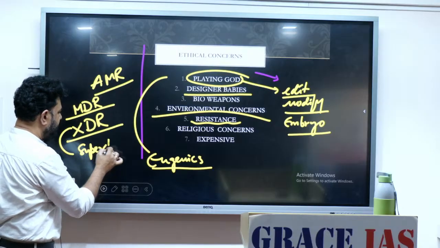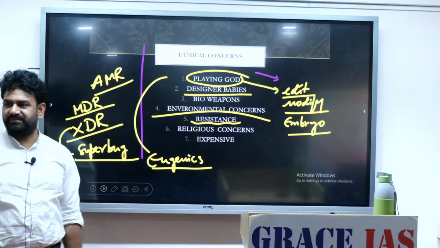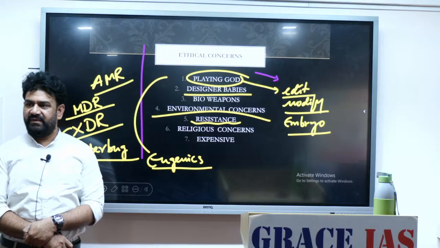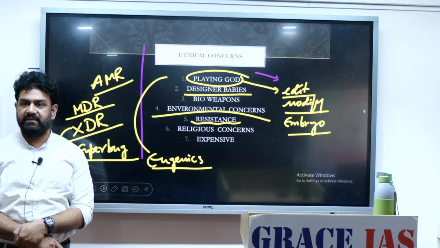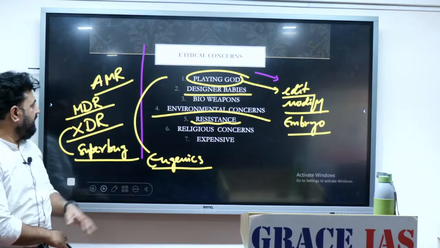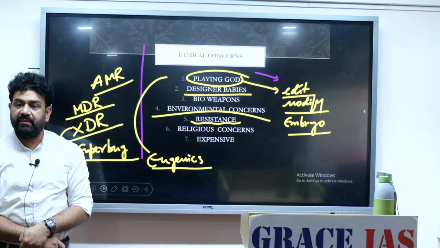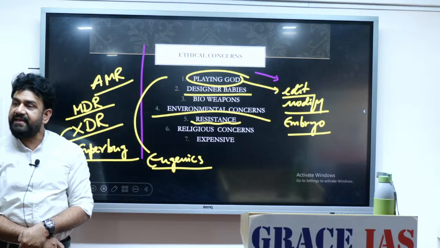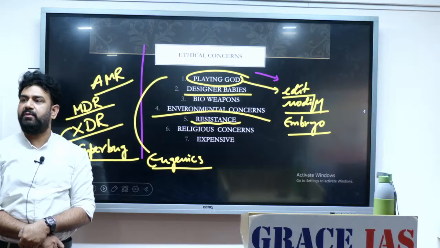Yes please? Superbugs. You might have studied this in the newspaper. Current affairs. Yes. So, antimicrobial resistance is the resistance developed by certain bacteria against certain antibiotic drugs or antimicrobial drugs.